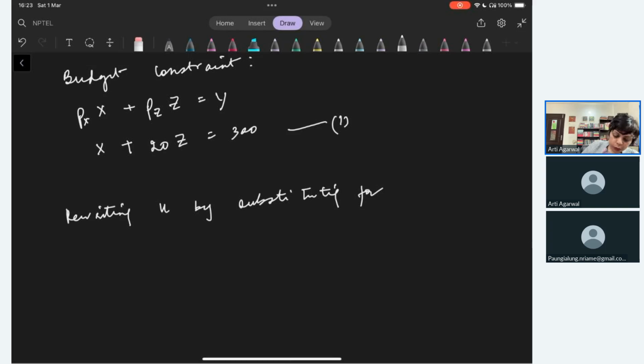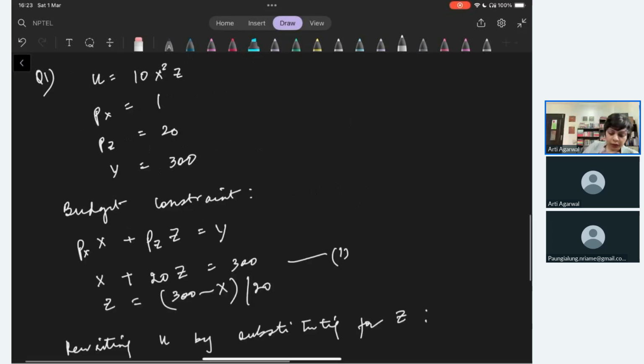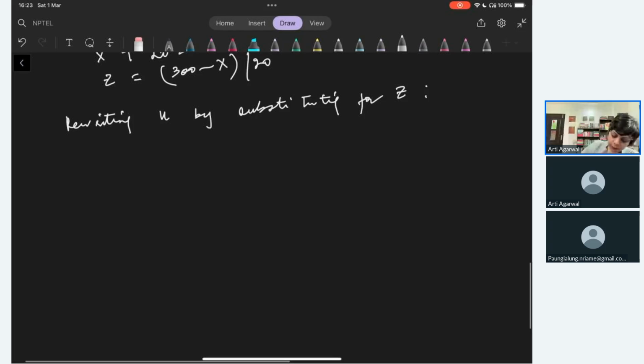Because X is in square, so we are better off substituting for Z. 300 minus X divided by 20. Okay, so we are substituting for Z, not X. U is 10X square into Z.